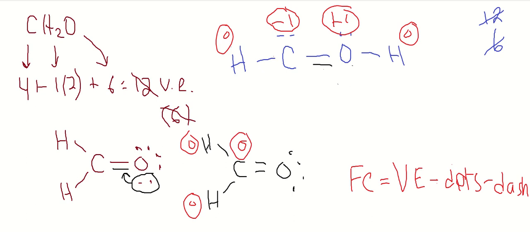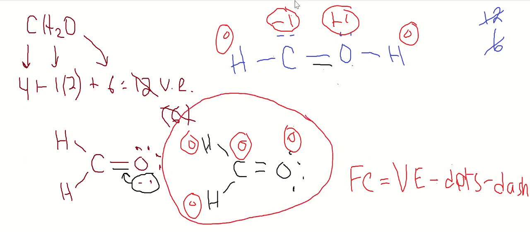And the formal charge on the oxygen is 6 valence electrons minus 4 dots minus 2 dashes. So 6 minus 4 minus 2 is 0. So every atom in the bottom structure has a formal charge of 0. So therefore, this is the best Lewis structure for formaldehyde.